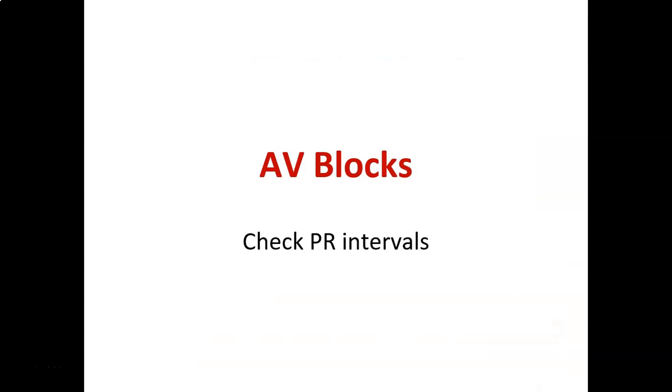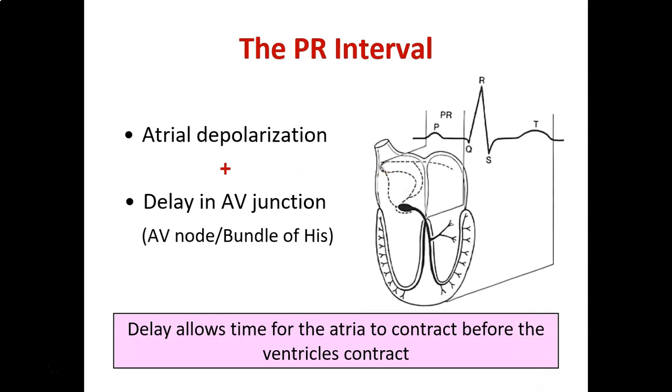Now let's talk about the AV blocks, which are very important clinical findings. For the AV blocks, it is extremely significant and important to check the PR interval. What is the PR interval? The PR interval represents the atrial depolarization plus the delay of the electricity at the AV junction.